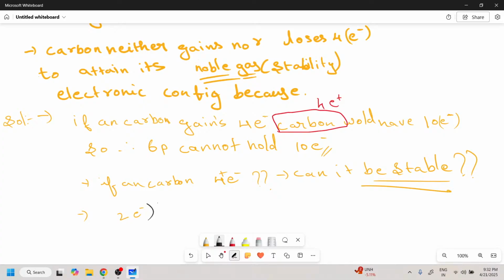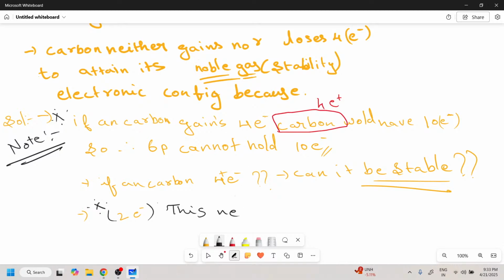Okay, so this is an important note. This whole thing is an important note. Just write it as a note in your notes. When it loses 4 electrons, it will have 2 electrons.